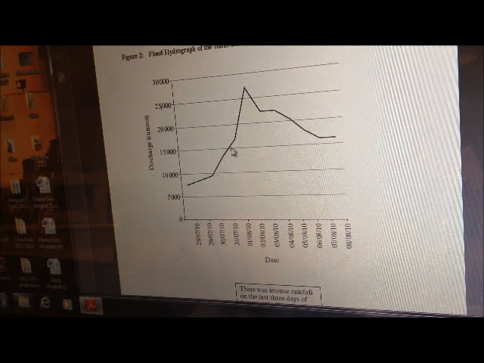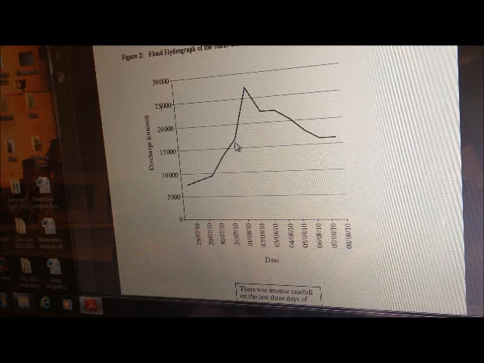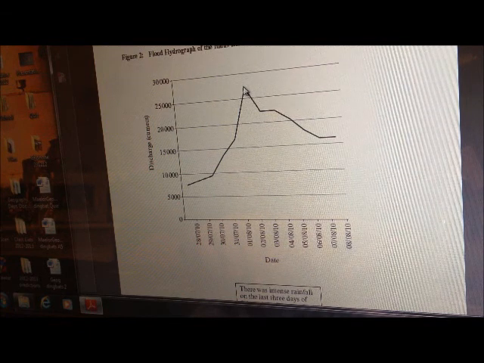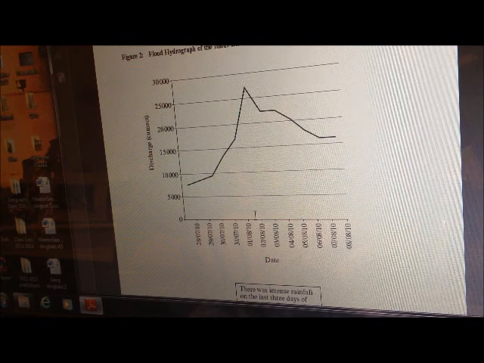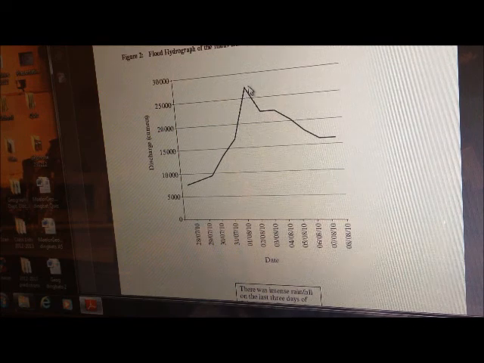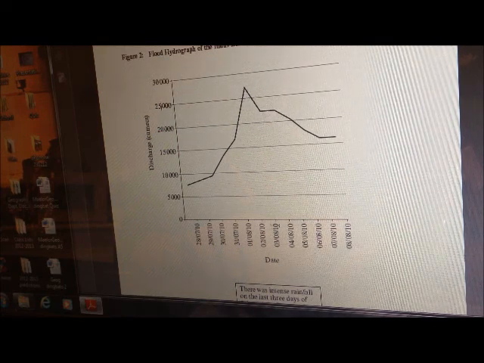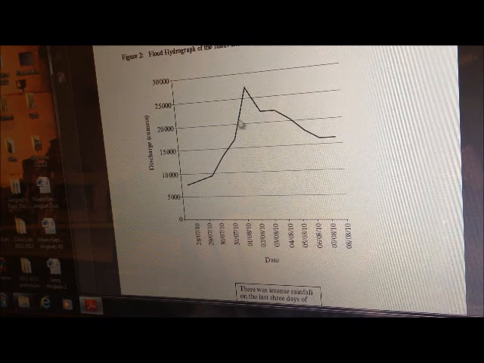The rate of increase then increases, so you could talk about a faster increase in the amount of water flowing in the river, and then a rapid increase, reaching a peak between the 1st and the 2nd of August, and then a sharp decrease which then levels out, referencing the dates at the bottom and also the amount of discharge.